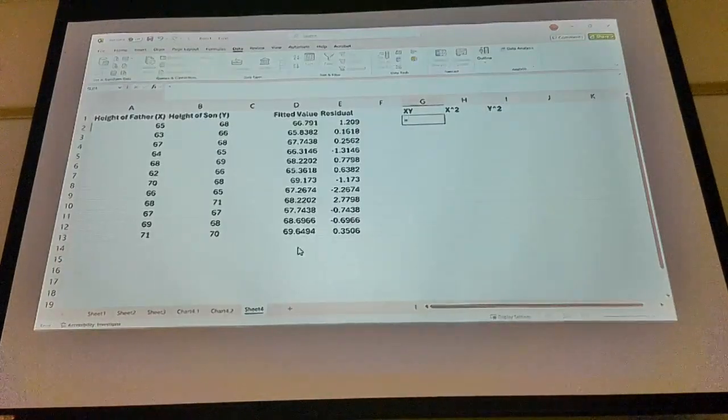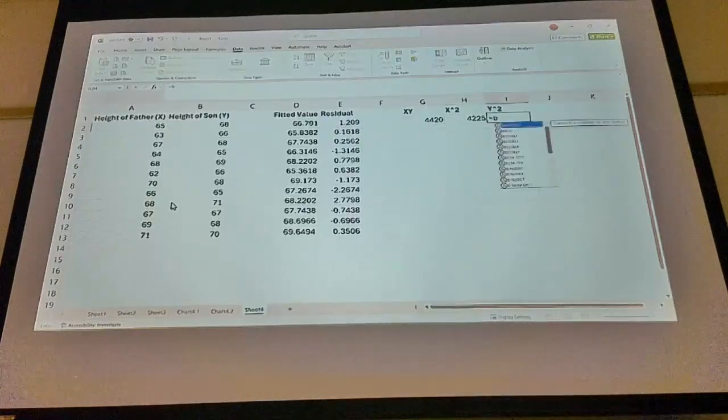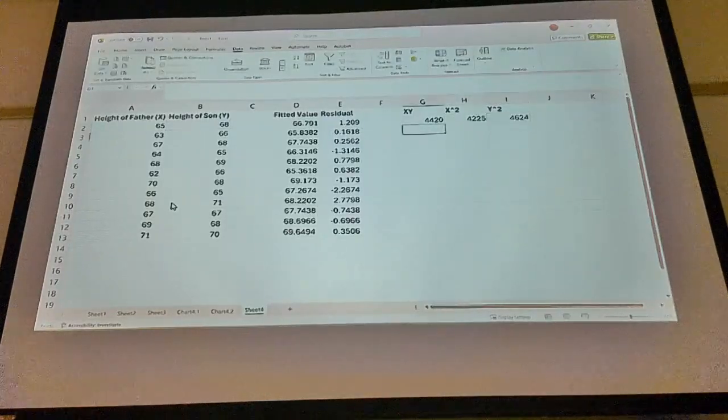So that's A2 times B2, right? X times y. This is A2 squared. That one is B2 squared. Drag and drop.